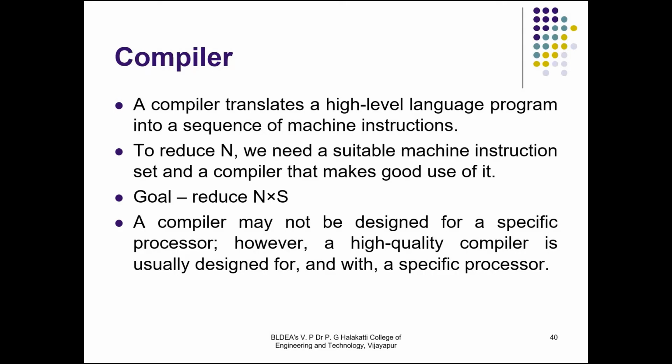Now a compiler may not be designed for a specific processor. However, a high quality compiler is usually designed for and with a specific processor. What does it mean? It means I can design a compiler for a specific processor nowadays, but usually it is not made for a specific processor; it is made to work on all types of processors.